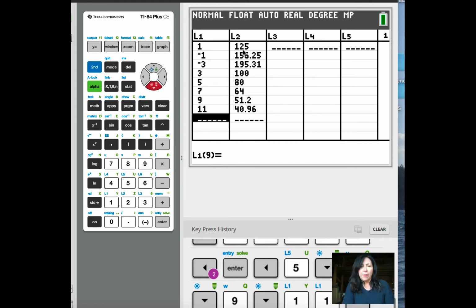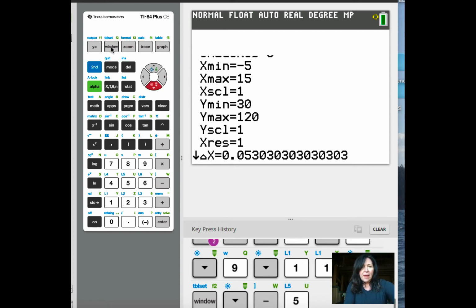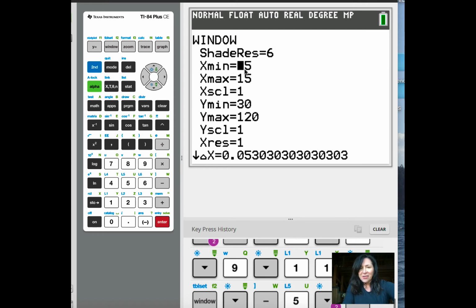All right, so from here, we plugged in our points. Then you go to window, and you need to make your range and your domain. For X, that's your domain. Our lowest point looks like it's -3, so for my minimum for X, I'm going to say -5. Oops, I did that again. Sorry, definitely not used to the negative signs.